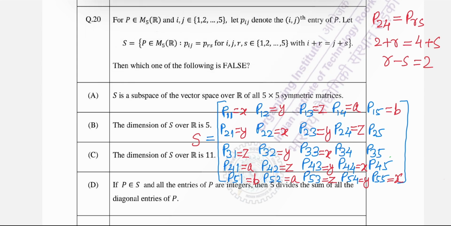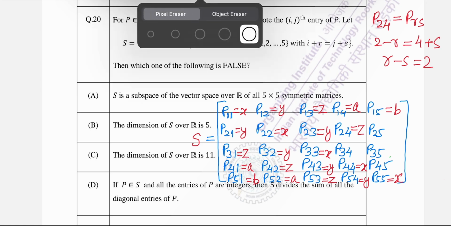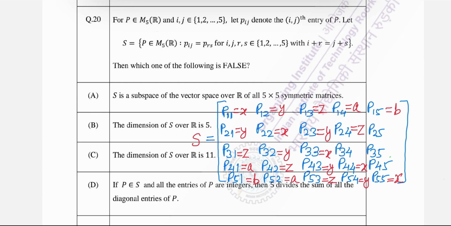Now there are 4 more entries. Now I work for the next entry, and I show you in green. It is P25 inside the green circle.